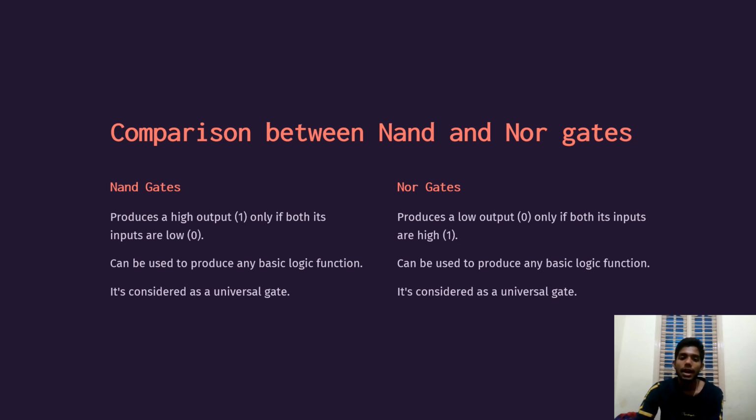For example, AND, OR, NOT gates can be implemented using NAND and NOR gates. It is considered a universal gate. NAND and NOR gates can both be considered universal gates because the basic gates such as AND, OR or NOT can be implemented using the universal gates NAND and NOR.